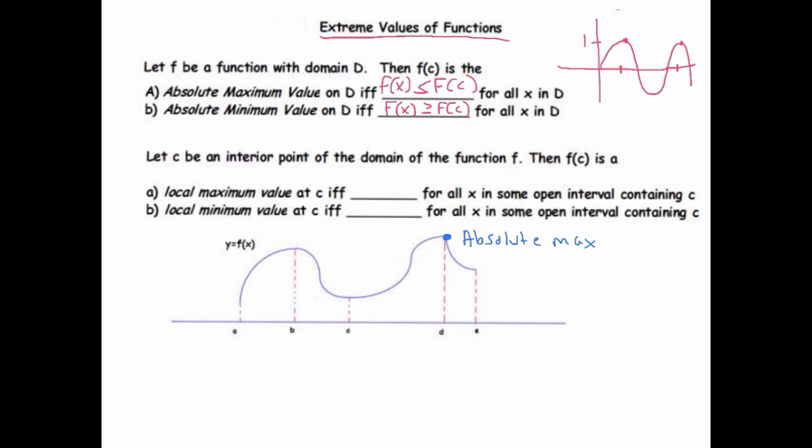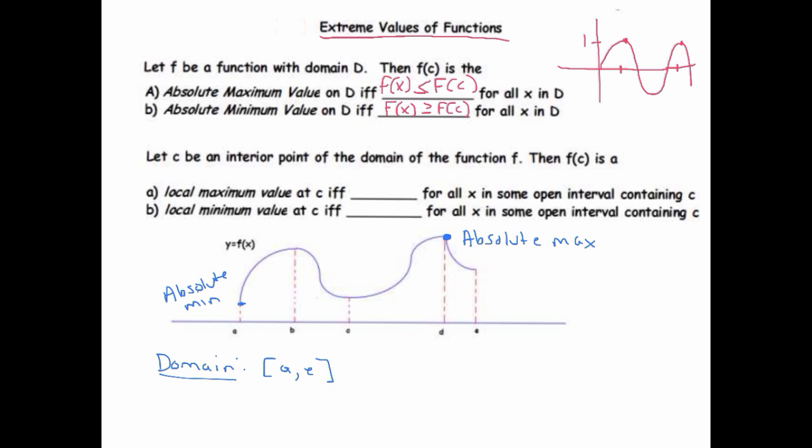And the absolute min looks like it occurs over here at A, because f of A is less than or equal to f of x for all x on this domain. I probably should have stated the domain here, based on my picture, is from A to E.